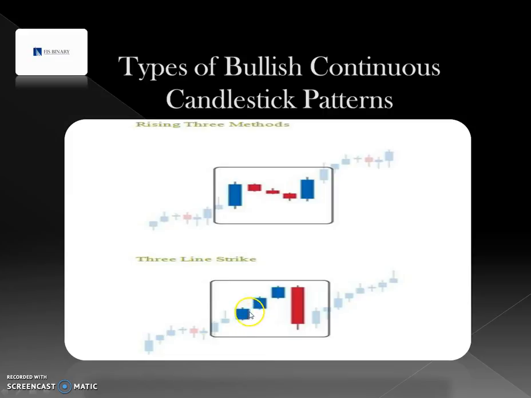Hope you understand. So when this forms, it indicates a three line strike, and this indicates that an existing upward trend is going to continue in that same direction after the bullish candlestick forms.